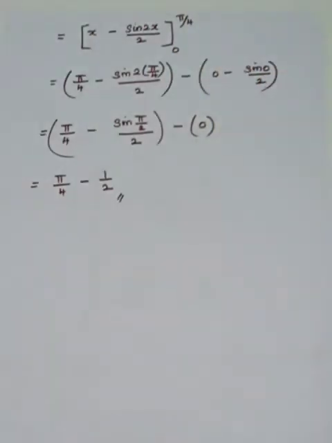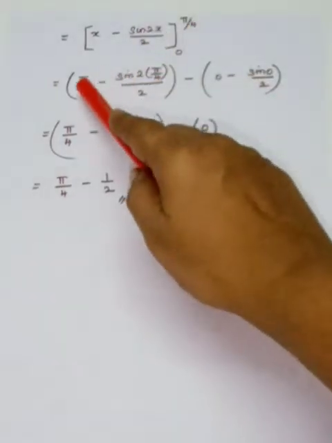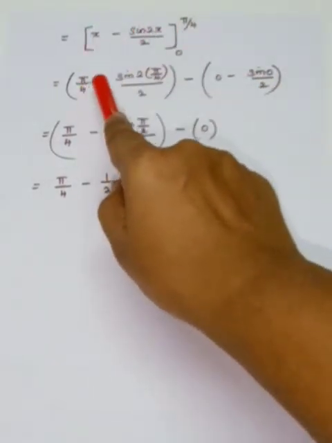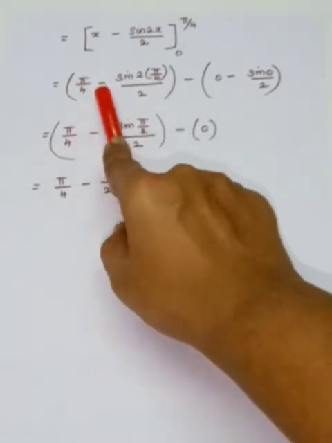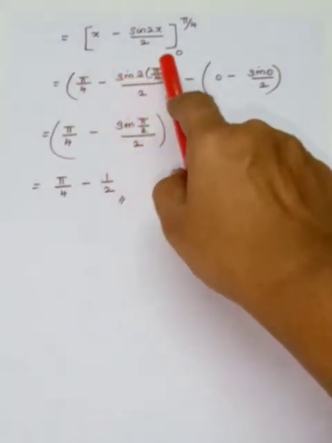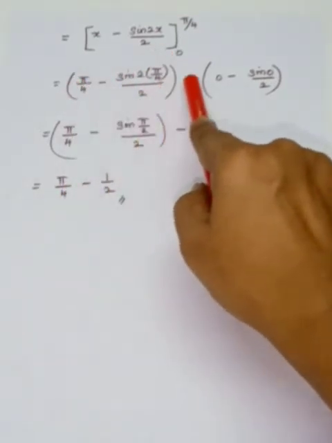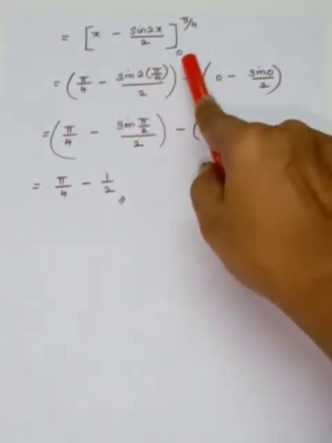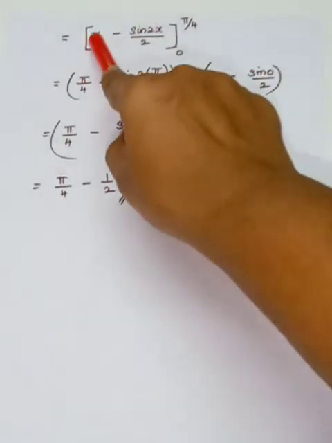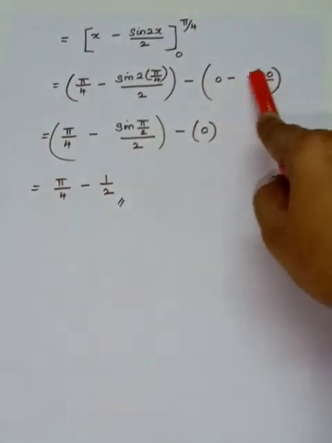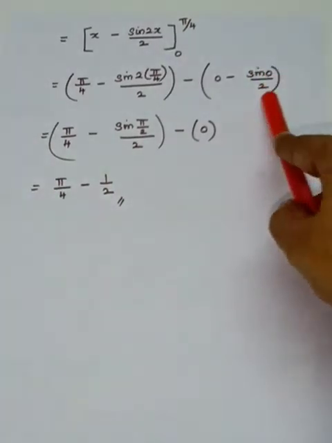Next you have to apply the limits. First you have to apply the upper limit. Wherever x you are having, you have to substitute the upper limit. So that is pi by 4 minus sin 2 into pi by 4 by 2. So upper limit is over. In between you have to write minus. Then substitute the lower limit. In the place of x, you substitute 0: minus sin 2 into 0 is sin 0 divided by 2.